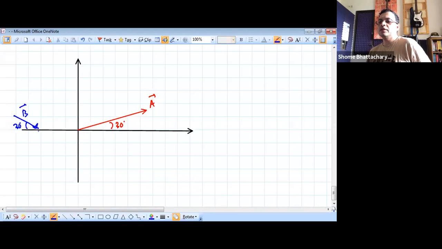You understanding? This vector, we said that this angle is 30. So when we place B over here, how will the vector be looking? It will be looking like this. B will be a vector like this of 40 units, and this angle is 30 degrees.